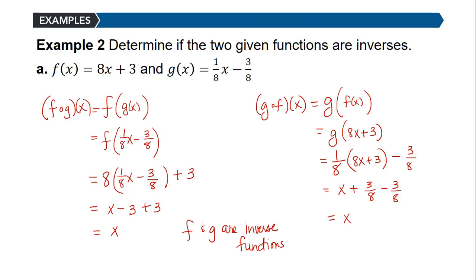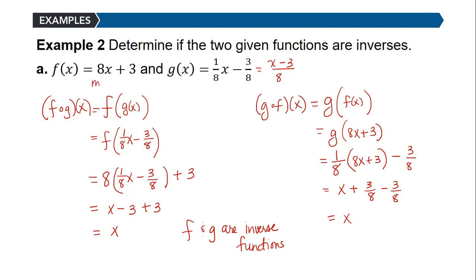Let me explain this in a little bit of another way. So we see that f of x is 8x plus 3. G of x is 1/8 x minus 3/8. Because those have the common denominator, do you recognize that this is equivalent to just really x minus 3, all divided by 8? And so what I see is that the function f multiplies some number by 8, and then it adds 3. So think about that.